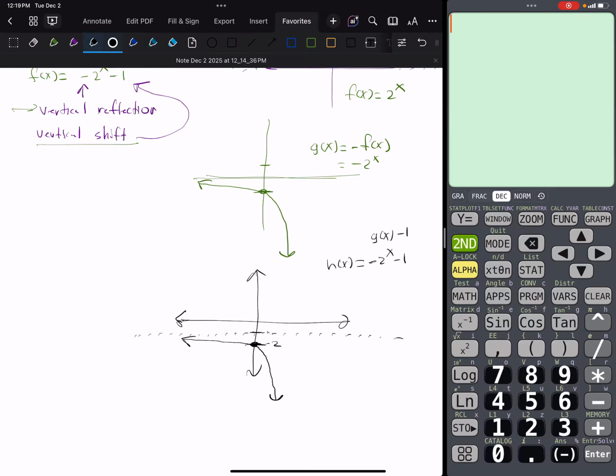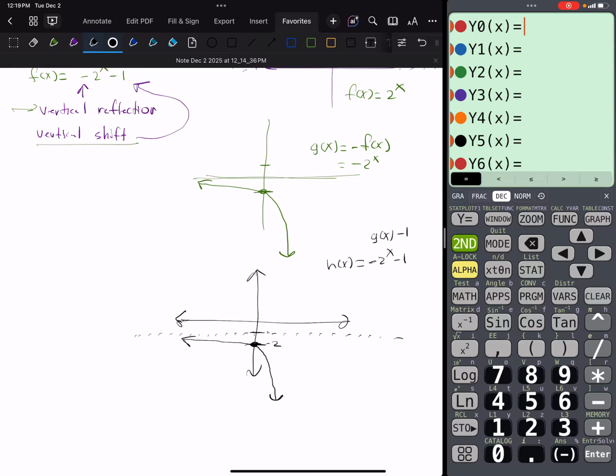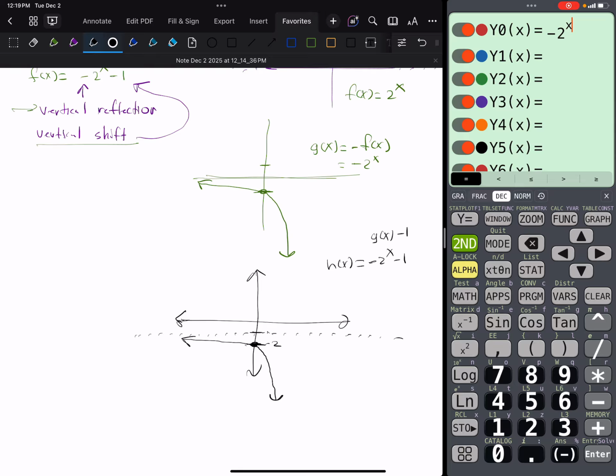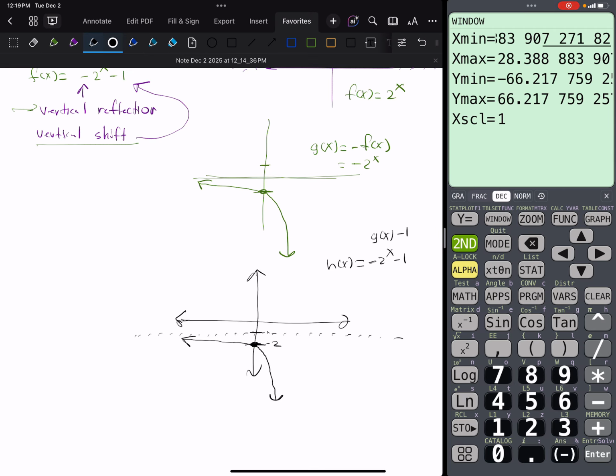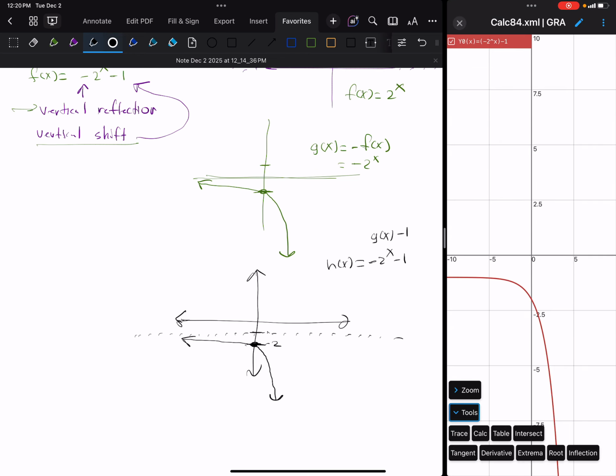Now, I am letting you all use calculators for the final, and so it's perfectly reasonable to then go check this and enter negative 2 to the x minus 1, with a window of negative 10 to 10, negative 10 to 10, and graph that.